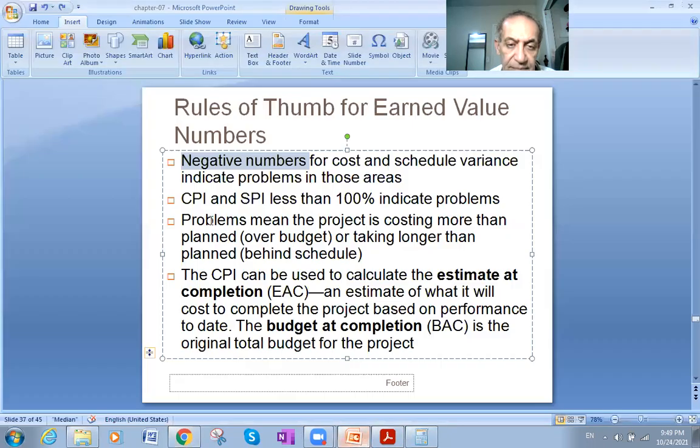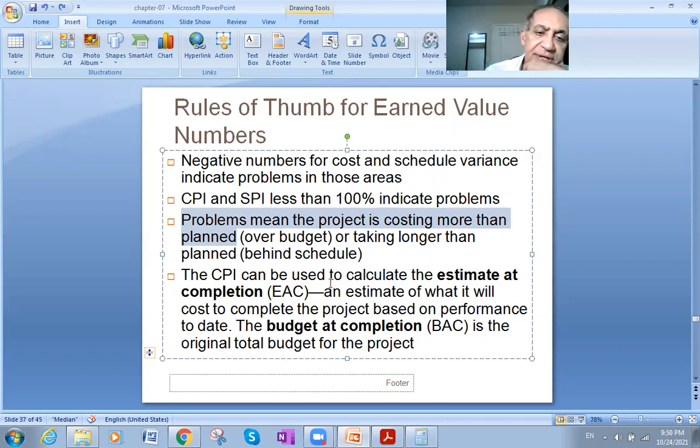Problems mean that the project is costing more than planned. So the minus shows me that the project costs are more than what was planned. It shows more cost than it's supposed to be.